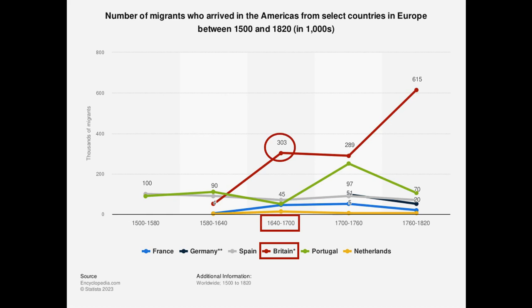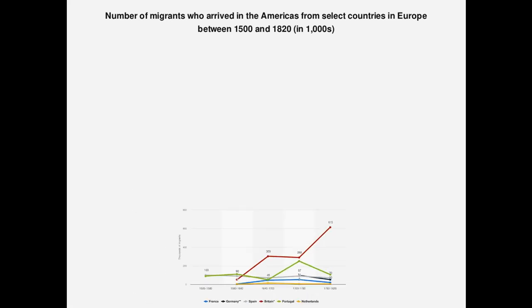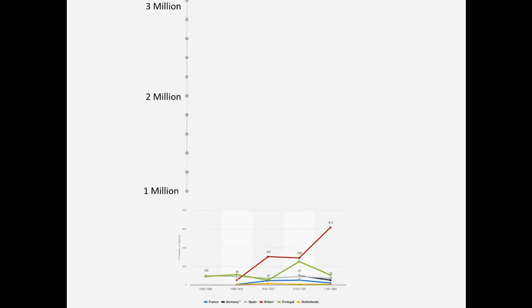between 1640 and 1700. But if we were to add a line to this graph showing the number of Africans who were forced to migrate to the Americas because of the slave trade, it would immediately break the graph because it was so many more people. We can even shrink this down and extend the scale into the millions, and the volume of enslaved Africans still breaks the graph.